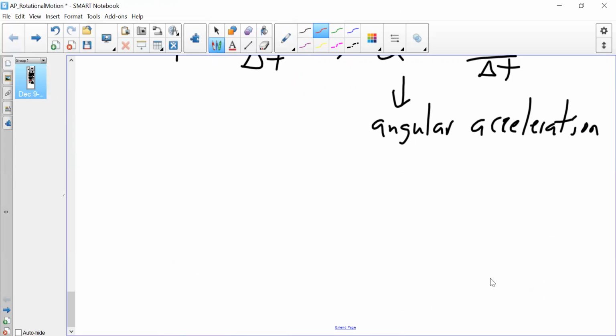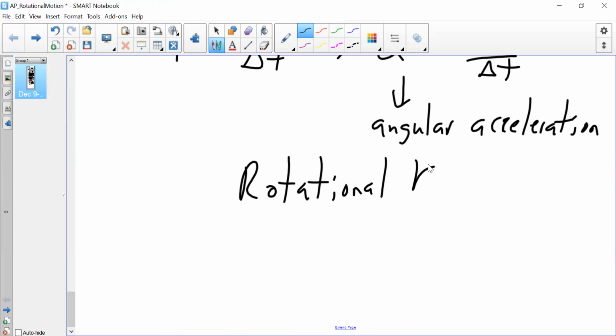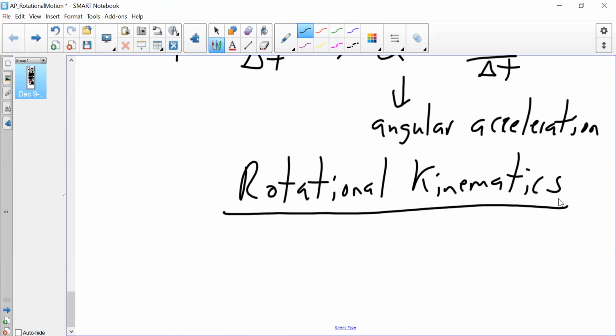So once again, we take everything up above where it was linear displacement.